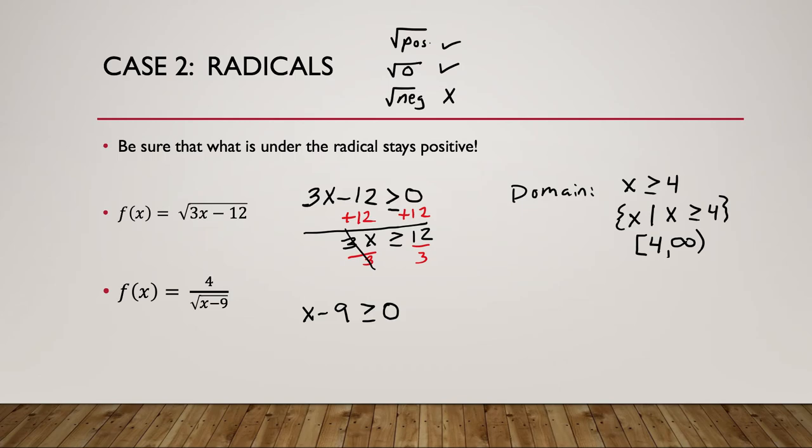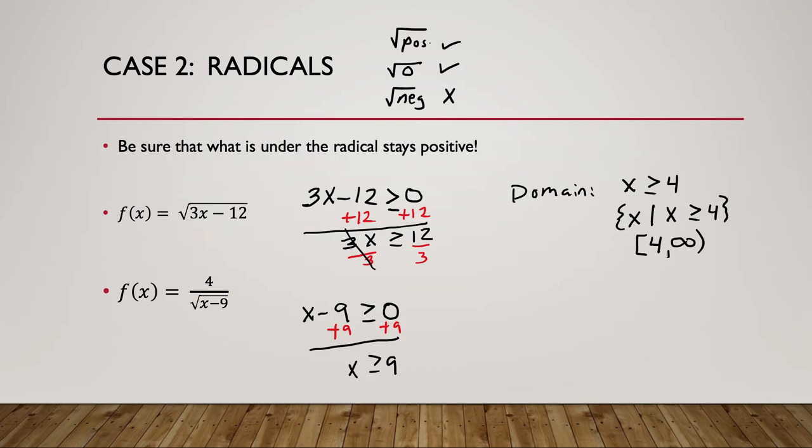And so when we solve that inequality, I'm going to add 9 to both sides. And so I'm going to get x is greater than or equal to 9. Now, the only problem with this is that now we need to think about the fraction. Remember that for the fraction, you cannot have the denominator of the fraction equaling 0.